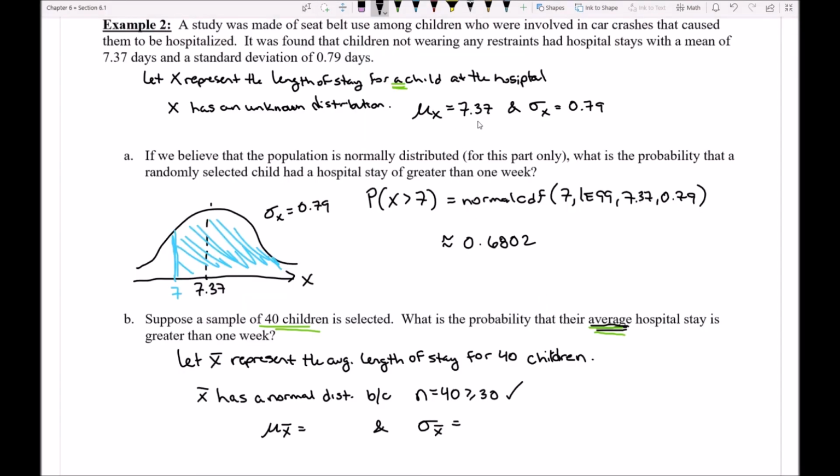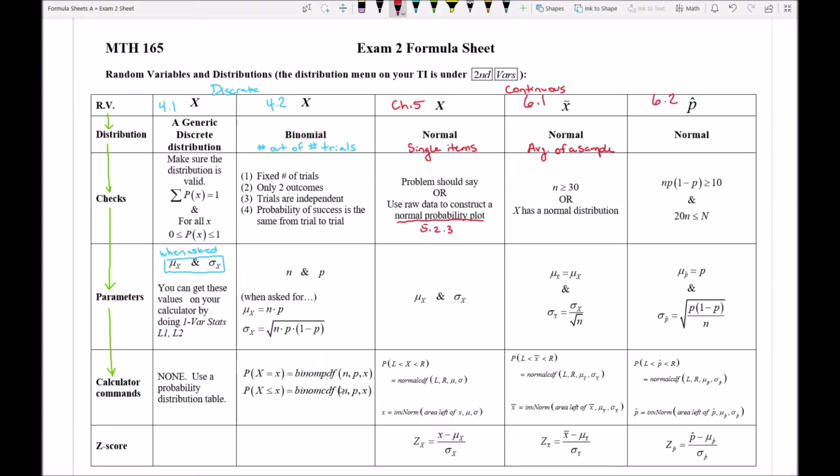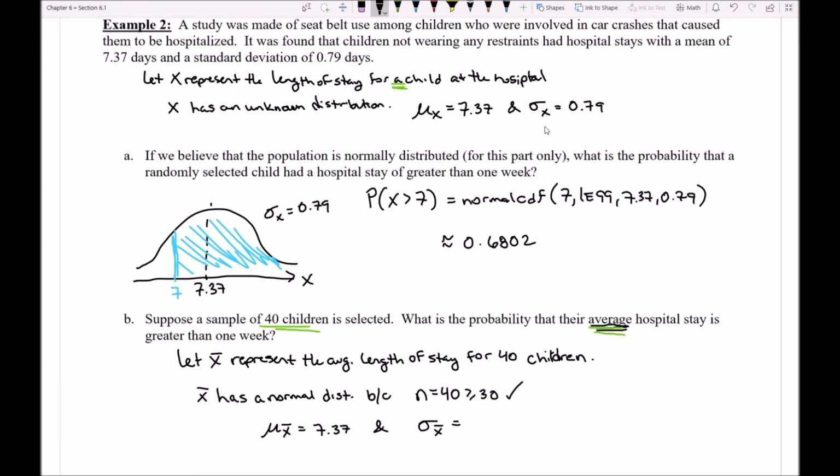That number up there has got to be the same as the average for x bar. The formula on the formula sheet then says that to find the standard deviation for x bar, you have to take the standard deviation for x and divide it by the square root of n. So I'm going to take the old standard deviation and divide by the square root of n, which is 40.